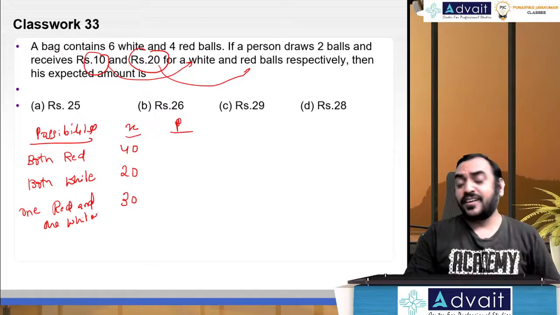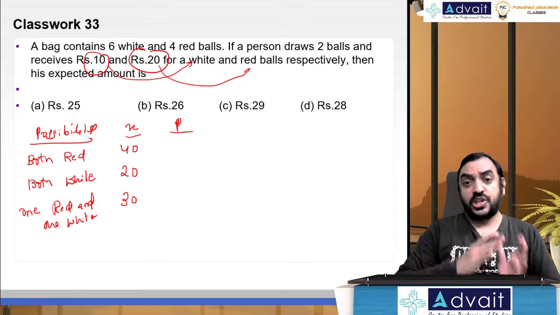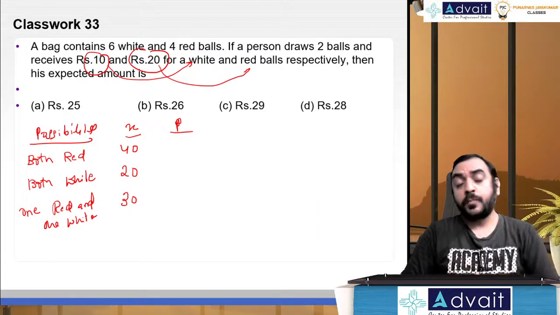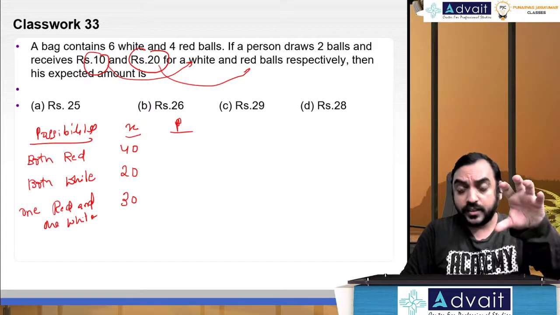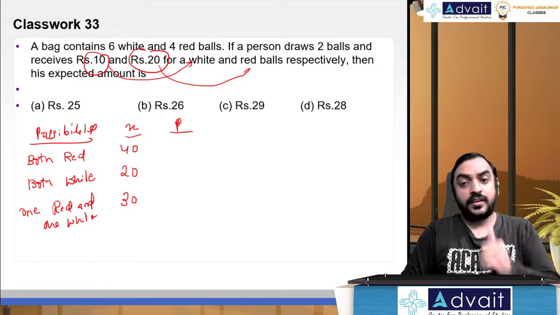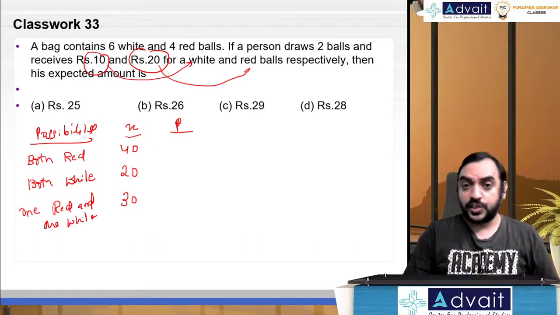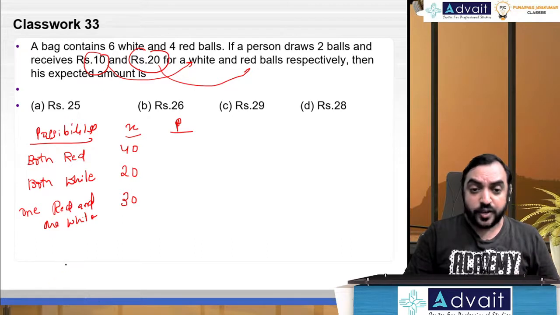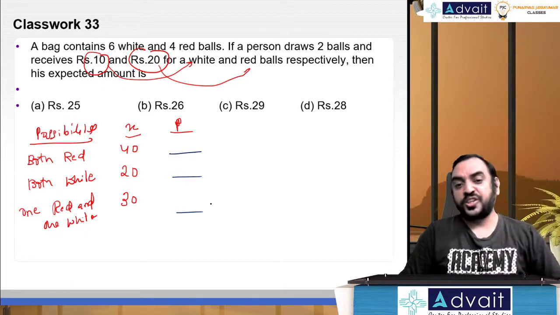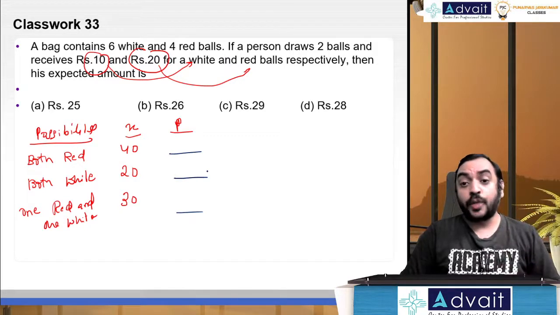Now, when you're selecting 2 balls, selection of more than one, we apply combination. Numerator will be with condition, denominator will be without restriction. First, let's fix the denominator.